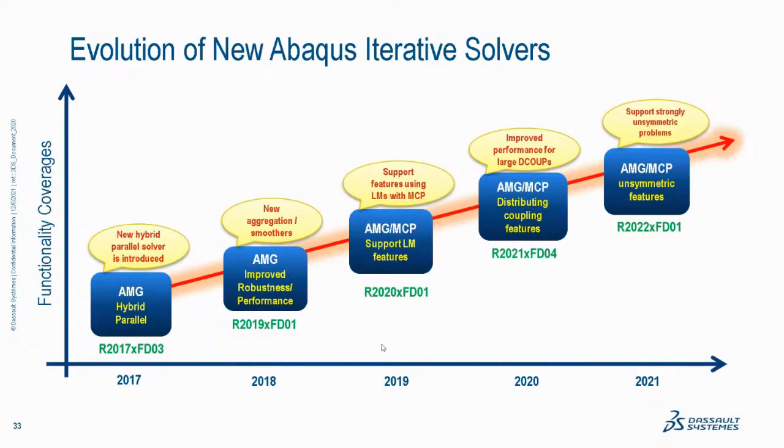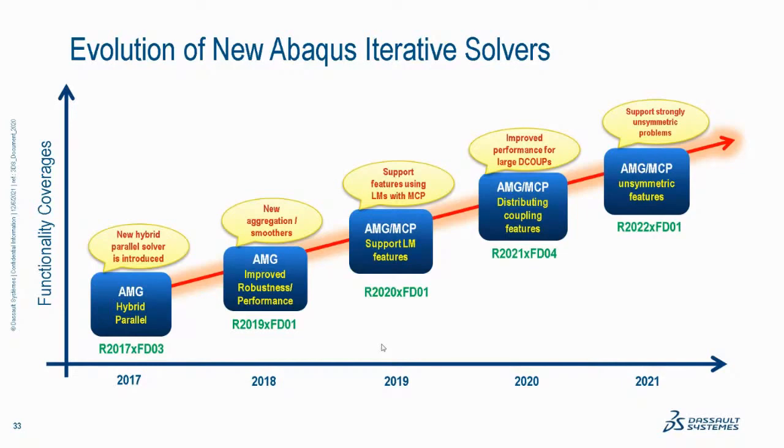That's what LM stands for. So things like hybrid elements for incompressible rubbers, or distributing couplings, or hard contact, and a bunch of other types of modeling constructs that are very popular in Abaqus, that do not work well with the AMG technique, but are compatible with the MCP solver.